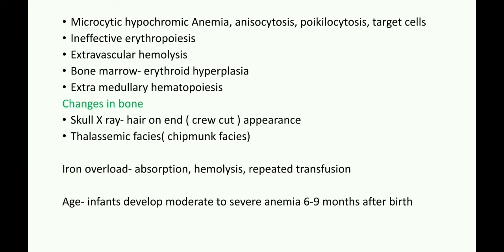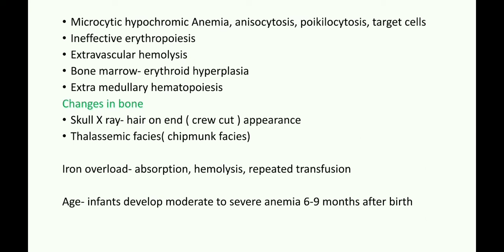So here there will be iron overload. Since there is destruction of RBC, the iron will be released into the circulation. So iron in the circulation can increase due to hemolysis, and also there will be absorption of iron from the GIT. At the same time, since some patients need blood transfusions, in that way also iron can increase.